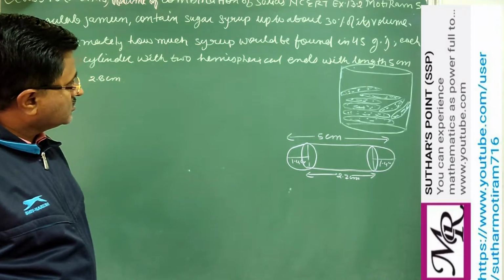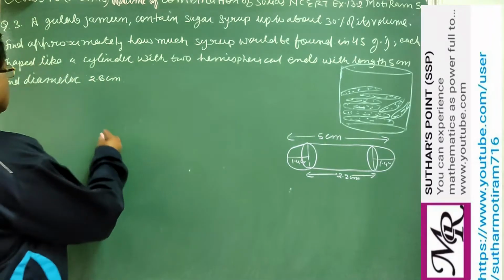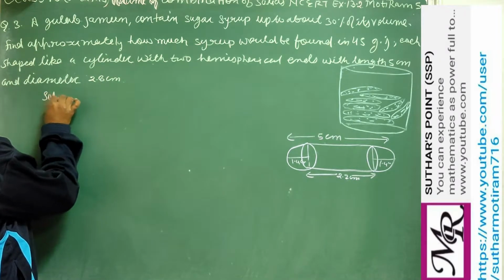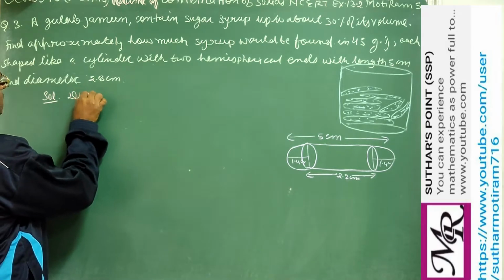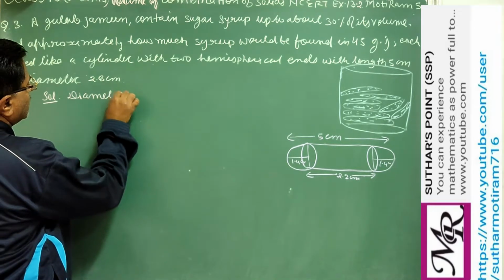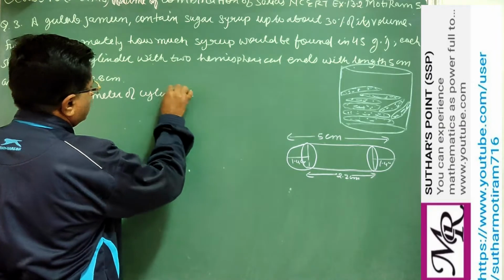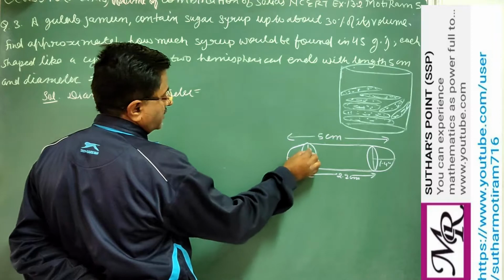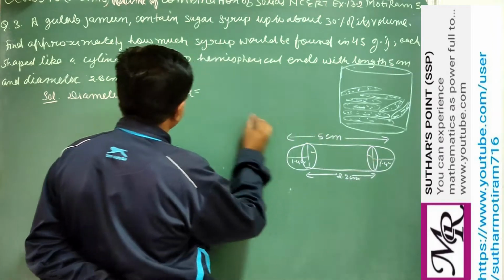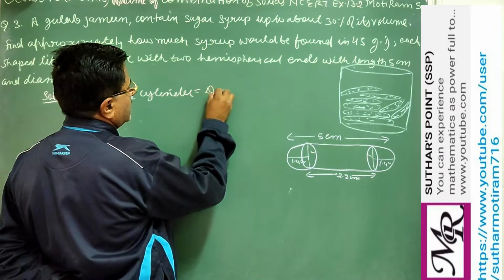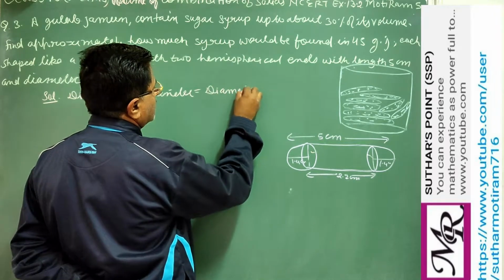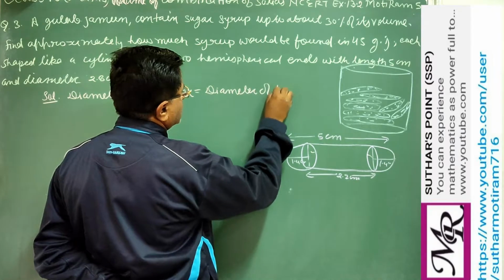So see dear student, we can write here in solution. So diameter of cylinder, because these are same for both, like this and this. So you can see diameter of the cylinder is equal to diameter of hemisphere.